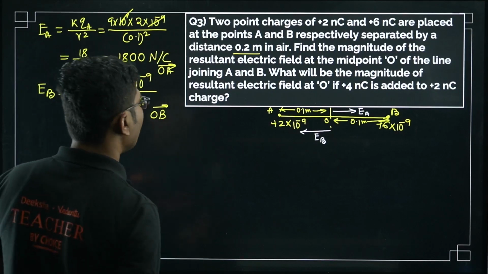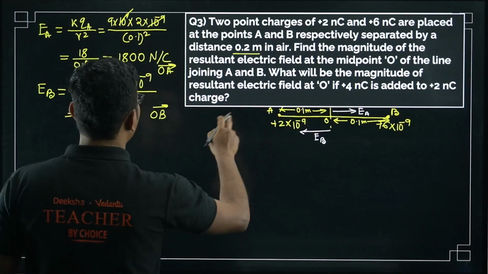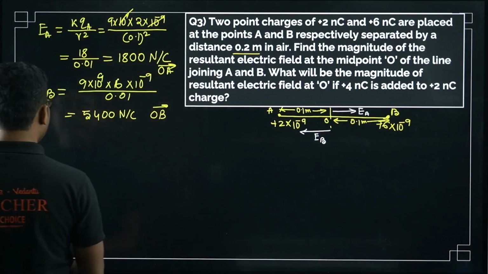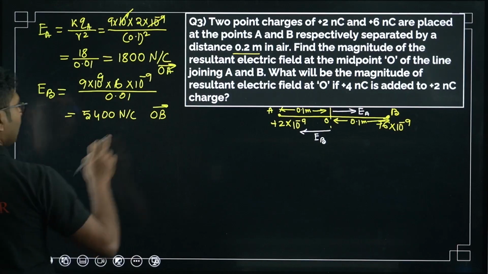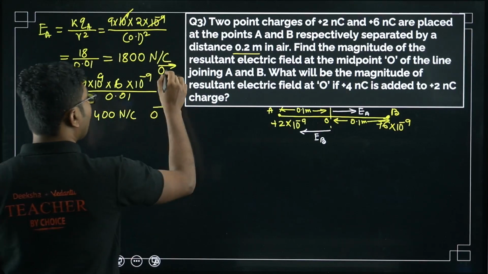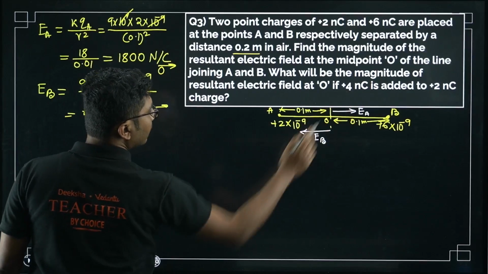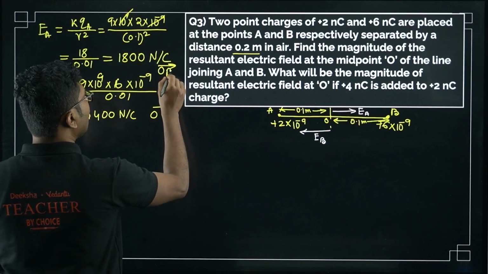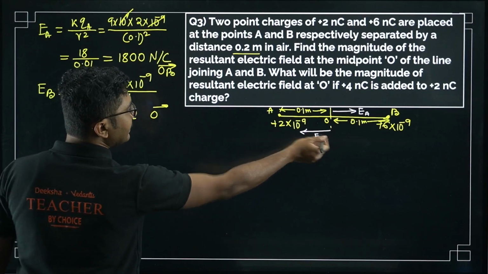No, sorry, EA is along OB, and EB is along OA. Sorry, extremely sorry. If you see that I have drawn the diagram correctly, EA is basically along OB and EB is along OA.